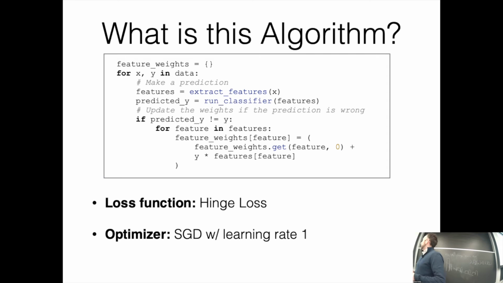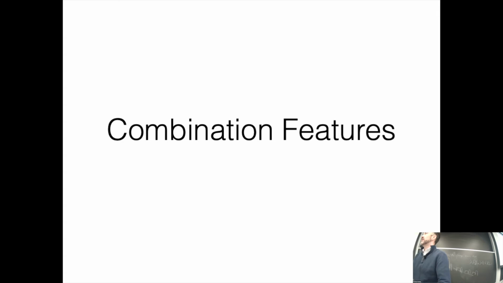So the good news about this is, this is really simple, but it only really works for a bag of words model or a simple feature-based model. But it opens up a lot of new possibilities for how we can optimize models. And in particular, I mentioned that there was a problem with combination features last class, like don't hate and don't love are not just hate plus don't and love plus don't.